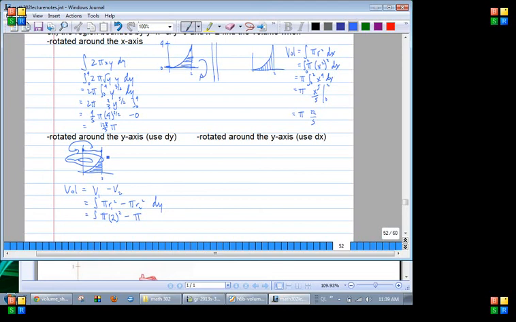And so what measures that distance? That distance is just x, squared.